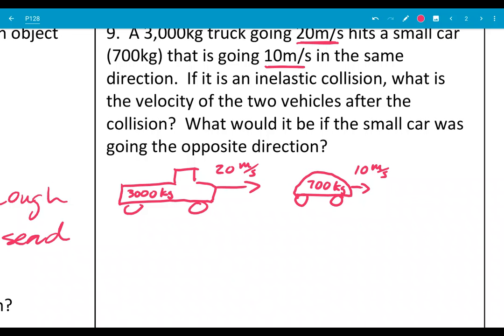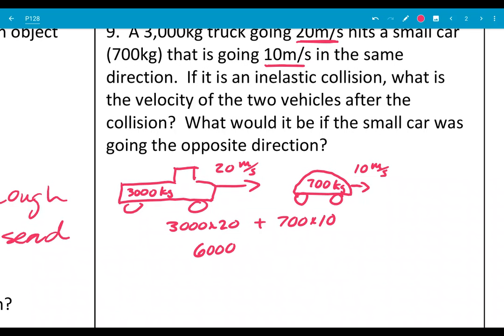So we need to find the momentum of the truck, which is 3,000 times 20, plus the momentum of the car, which is 700 times 10, and add those values together. 3,000 times 20 is 60,000, plus 7,000 for the car gives us a momentum of 67,000.